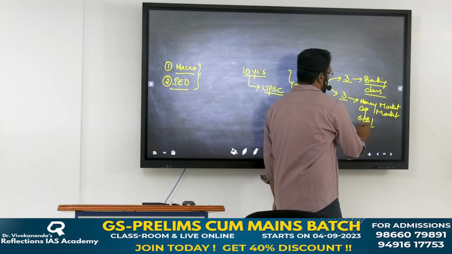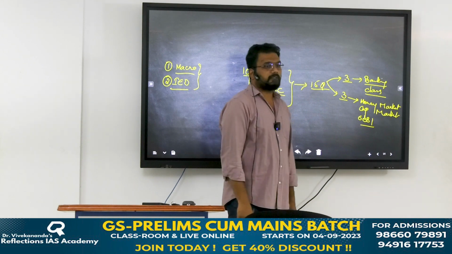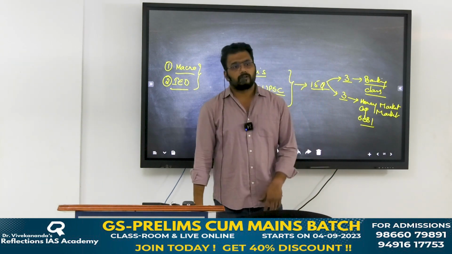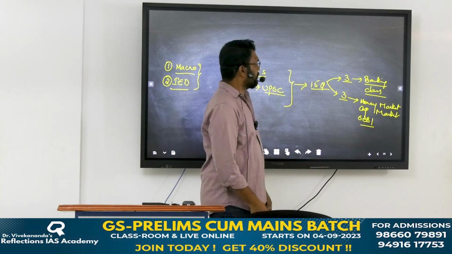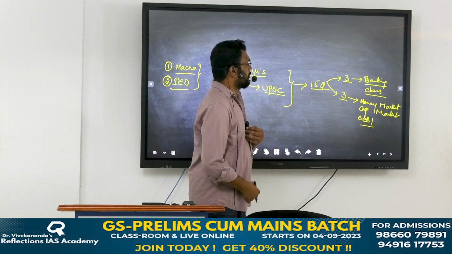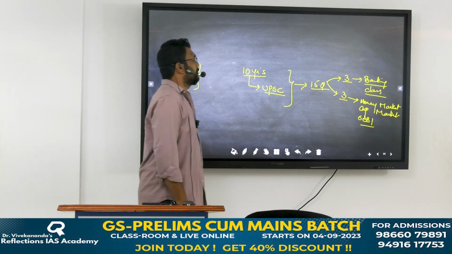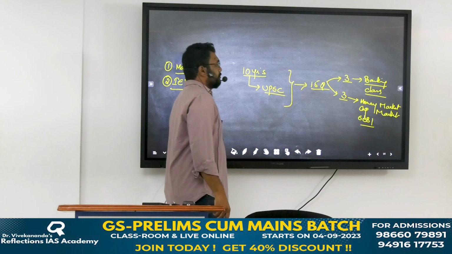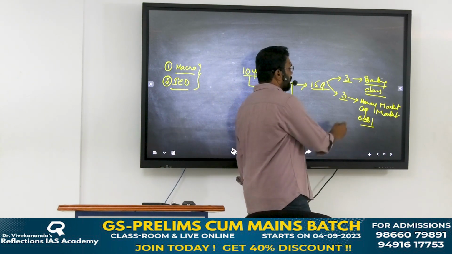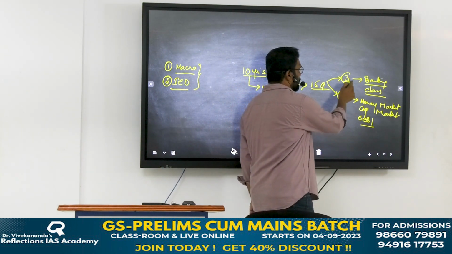What is the full form of SEBI? Securities and Exchange Board of India. SEBI, money market, capital market. All right. So 3 questions from banking, and 3 on an average come from these areas.